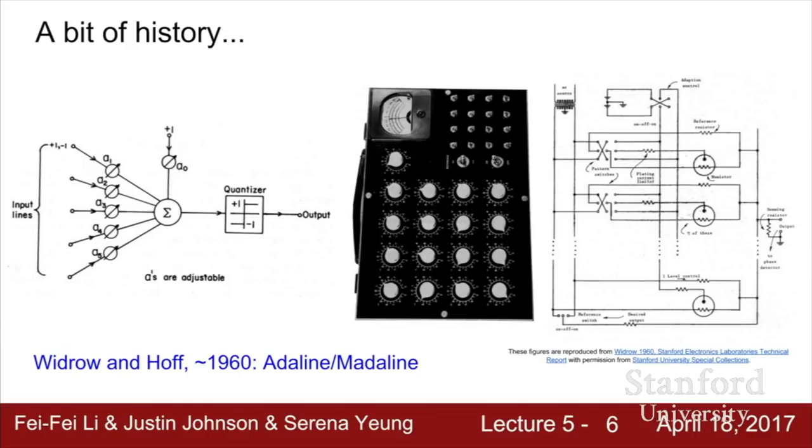So in 1960, we had Widrow and Hoff, who developed Adaline and Madaline, which was the first time that we were able to stack these linear layers into multi-layer perceptron networks. And so this is starting to now look kind of like this idea of neural network layers, but we still didn't have backprop or any sort of principled way to train this.